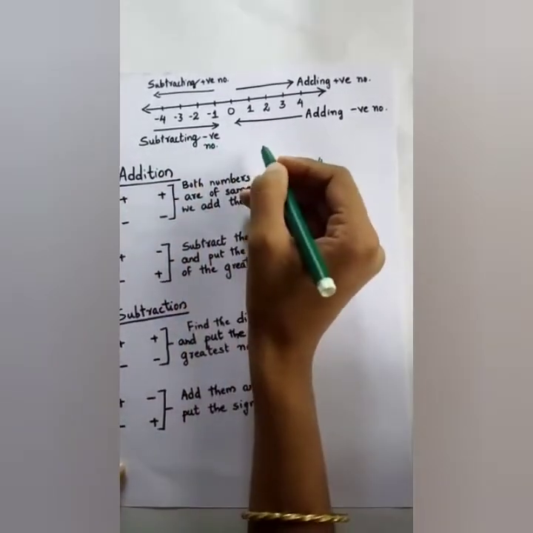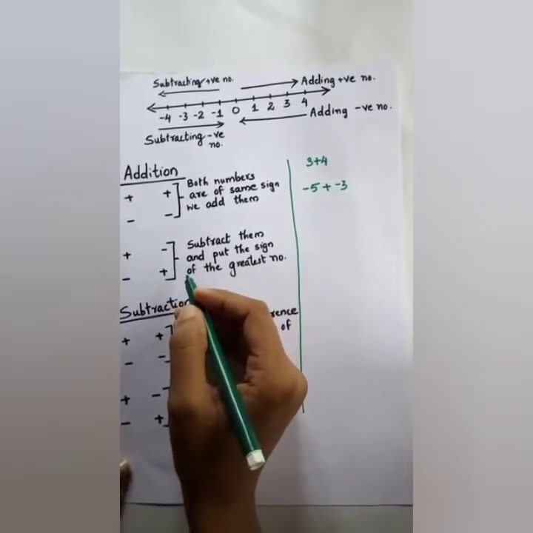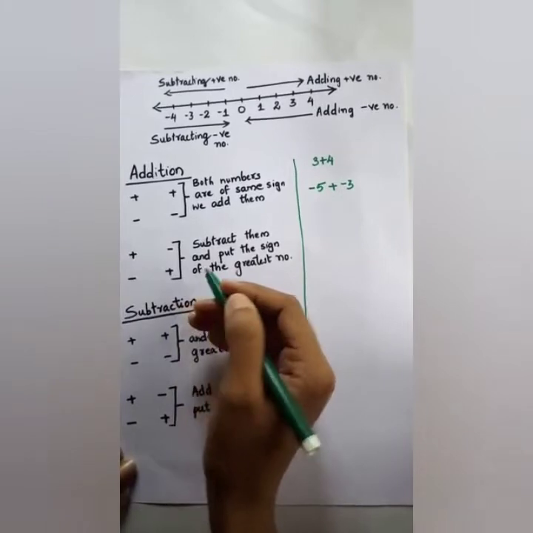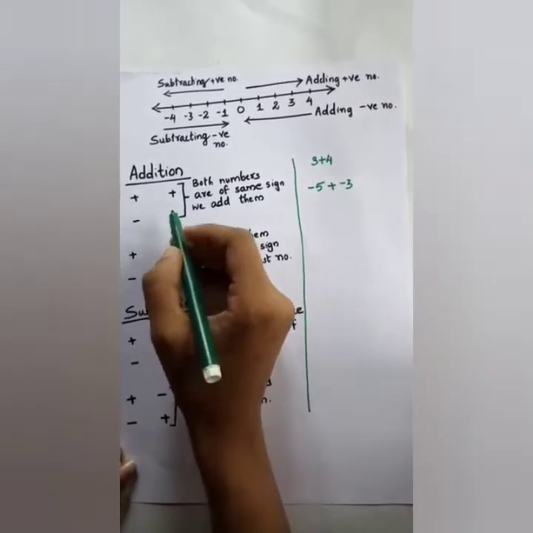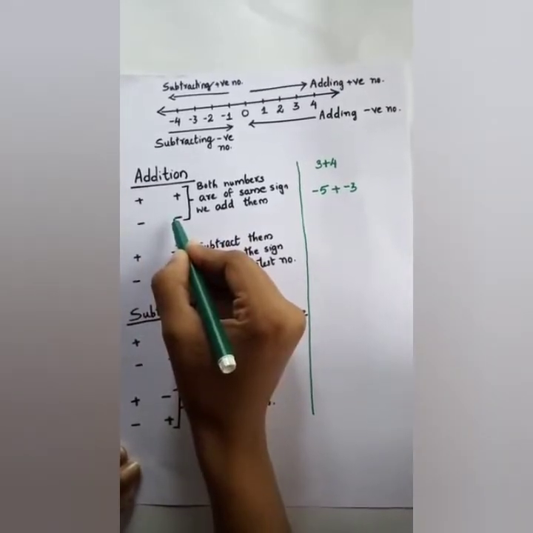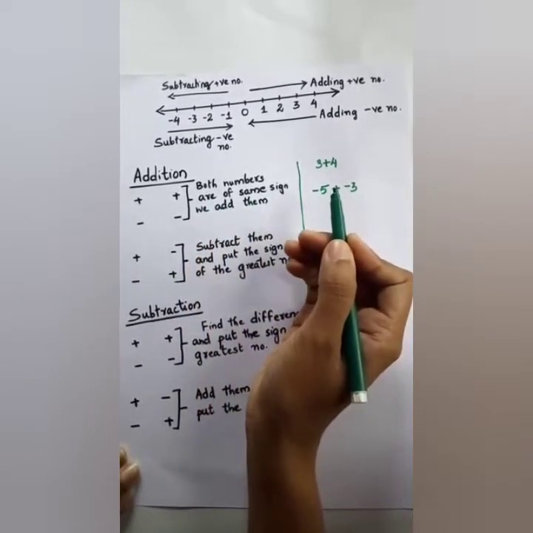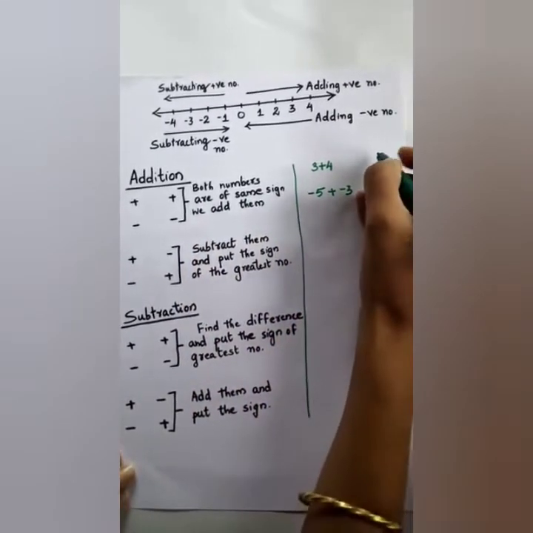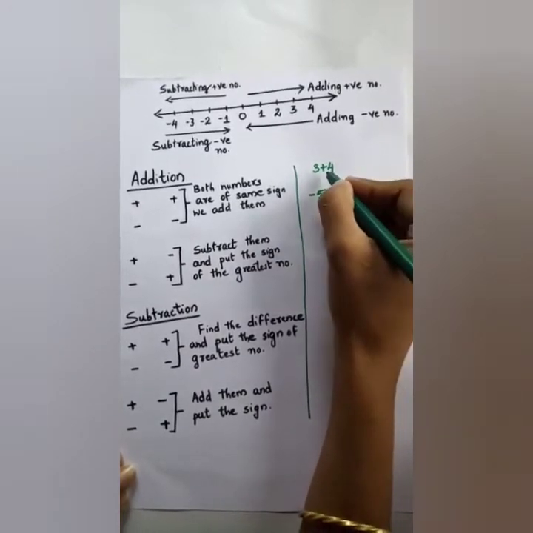Now, let us learn about the addition and subtraction of integers without using a number line. First, we will study the addition. If both the numbers are of the same sign, then we just add them and put the sign. Consider the example of 3 plus 4.